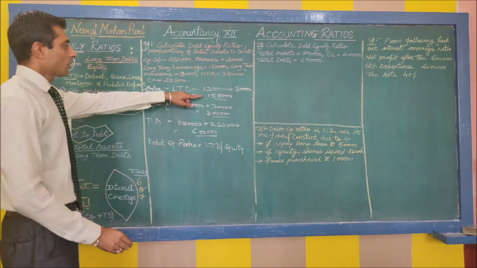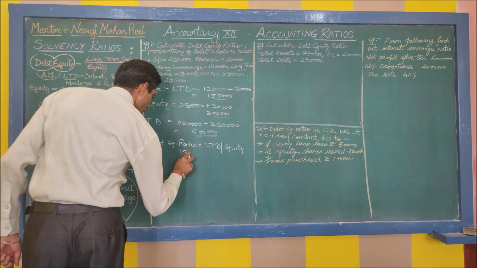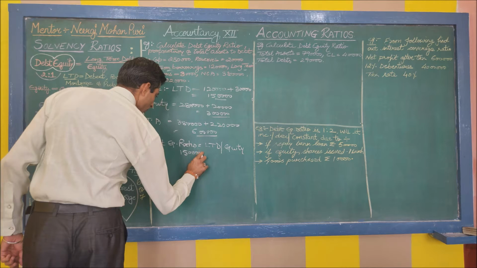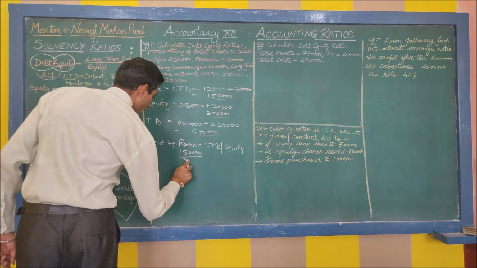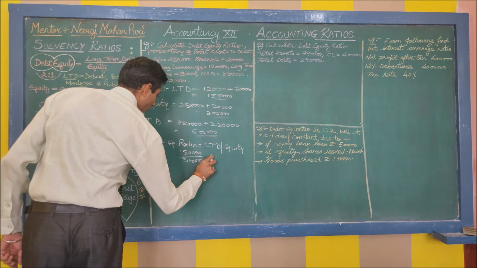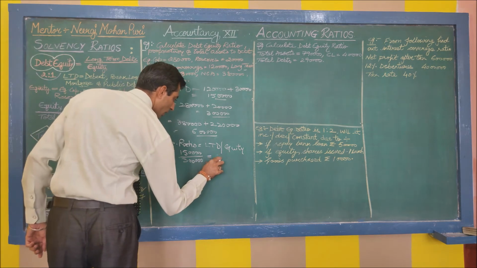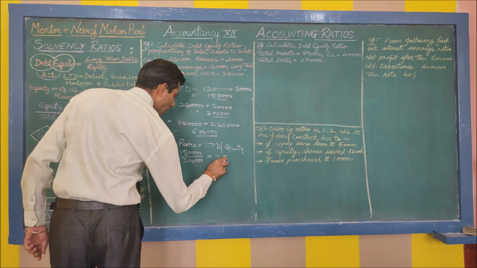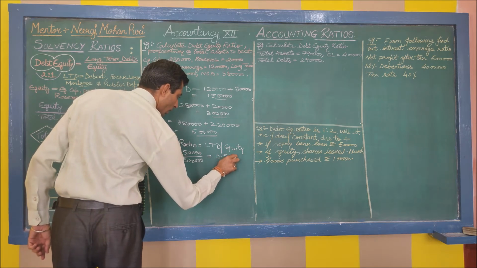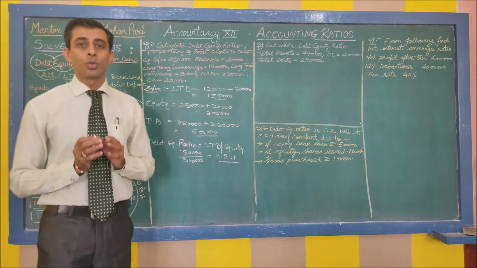Our long-term debts are 1,50,000 divided by 3 lakh. So this is 1 upon 2. We need to get the denominator in absolute 1. So therefore debt equity ratio is 0.5:1.